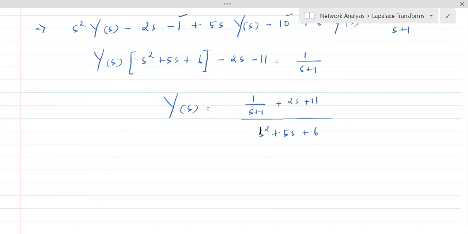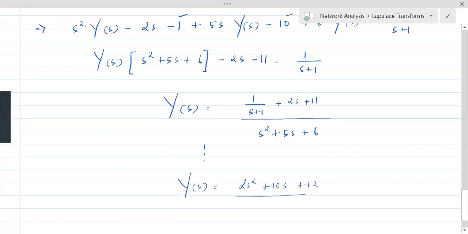See how it ends up. So how does it look? Go on, everybody. So if you work out, in the proper form, it would look like 2s square plus 13s plus 12 divided by s plus 1.